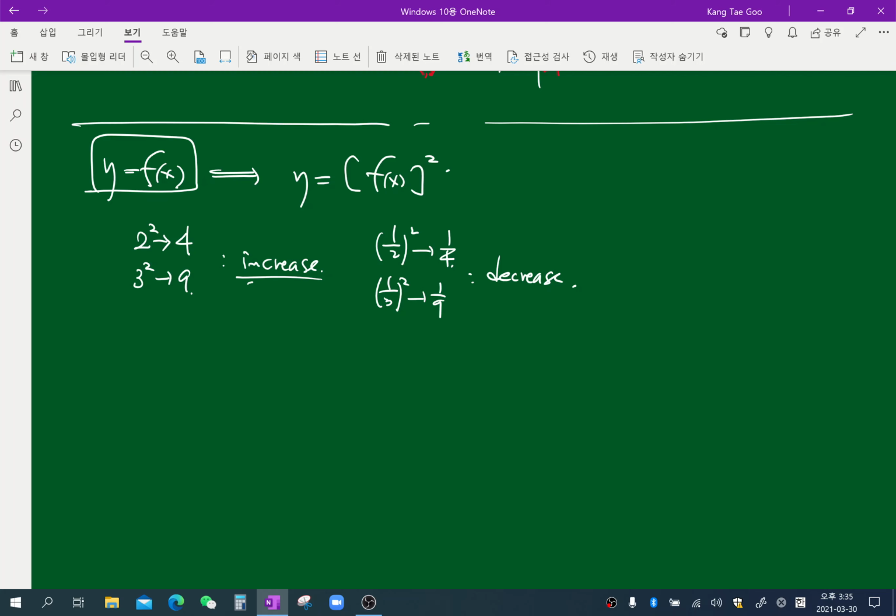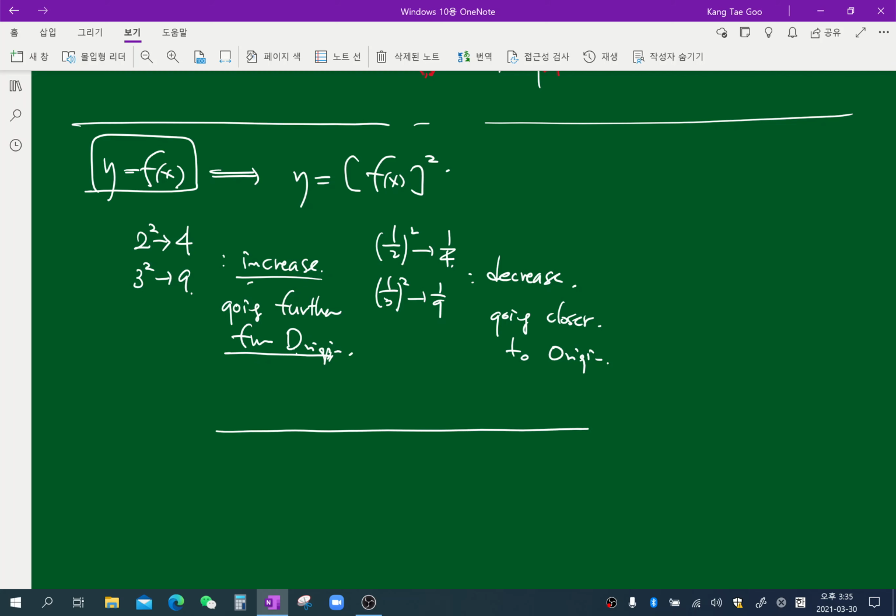In other words, I can say it is going further from 1, 0. Okay, it's going closer, it moves closer to the origin 0, right?